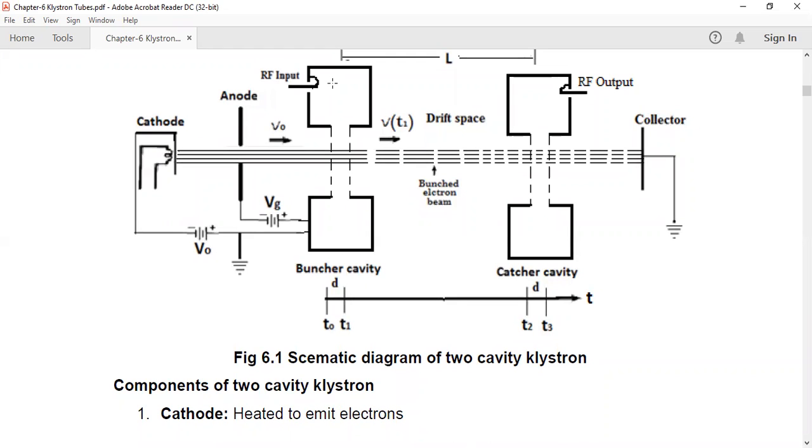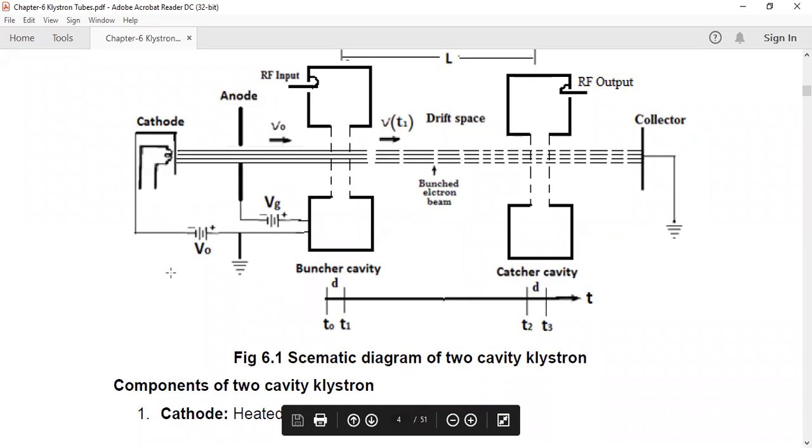Now there is an RF input here. The two cavity klystron acts as an amplifier, so whatever input you want to amplify, you need to apply through this RF input. The amplitude of the RF input is very small compared to V0.